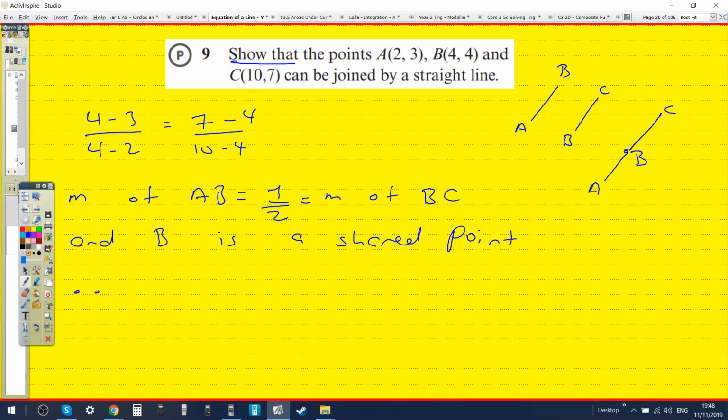And so lastly, therefore, same straight line, just copy and paste from the question: points A, B, and C can be joined by a straight line. So you have to not only show that the gradients are the same, but that both of those line segments pass through a common point. Any questions about that? No.